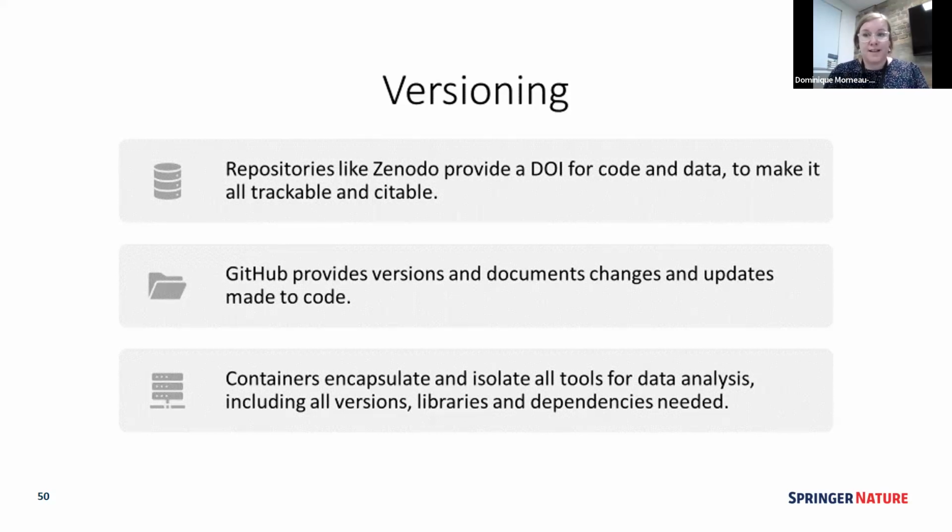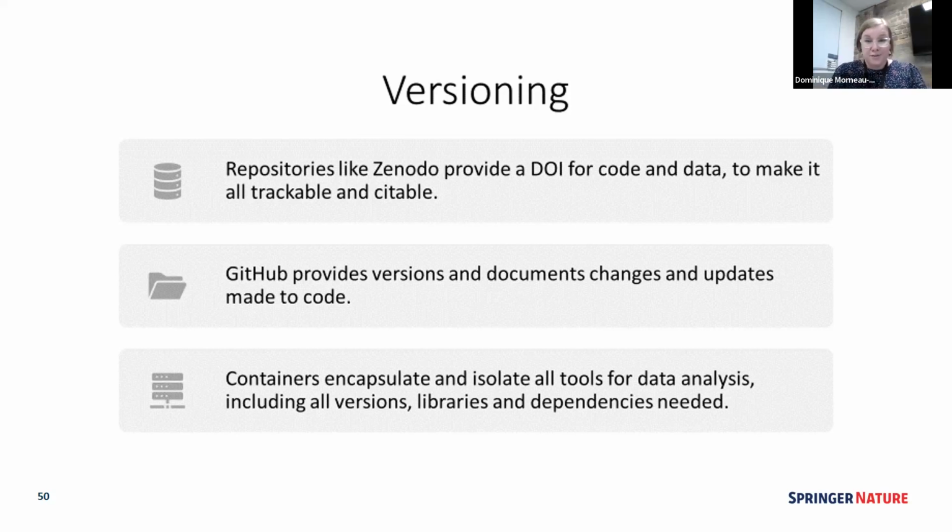Each upgrade is then deposited as a separate entry with a new DOI, and you can always access the old one. GitHub does provide versioning, and it documents all changes and upgrades made to the code, but as far as I know, it doesn't actually save the old version. It would have to be done as a separate entry, and whether or not that happens is up to the person who owns it.